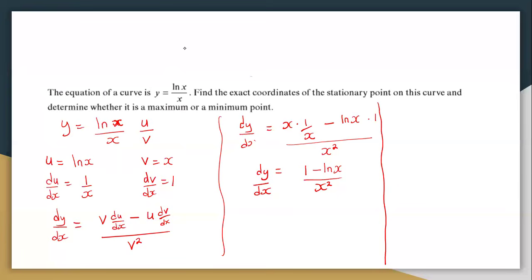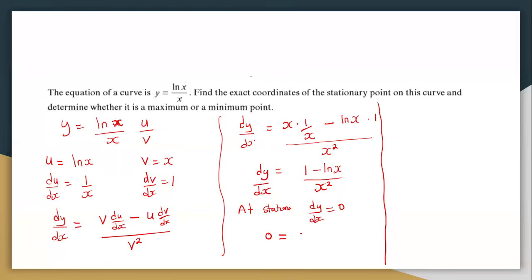Now at maximum, dy dx is equivalent to 0. Okay, good. So we say that in order for us to get the stationary points, our dy dx is equal to 0.